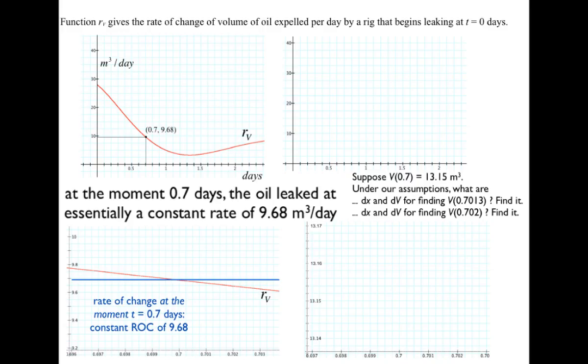I guess I'm just asking, how do we decide how far we can take that? Size of the interval? Yeah, the interval. How do we decide what is small enough?